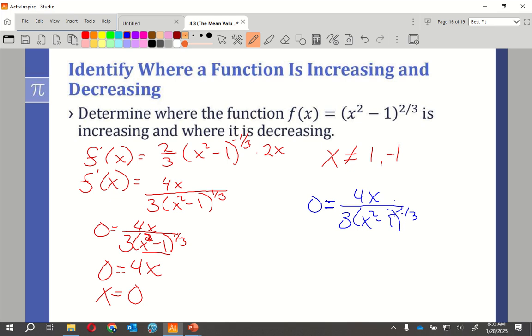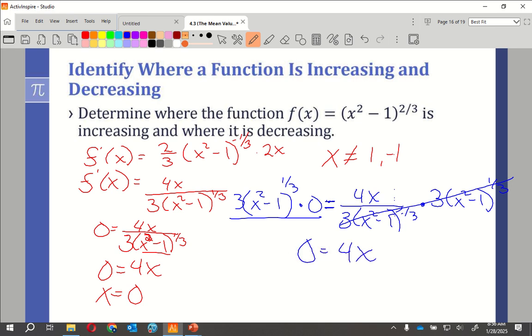Multiply both sides by this, right? Anything times 0 is 0. What's going to happen over here on the right hand side? Cancels out. And I'm left with 0 equals 4x.